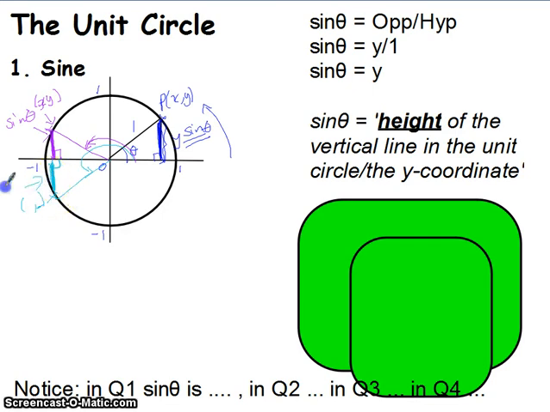So that is sine theta when we increase that angle. And if we came all the way around to somewhere in here, we'd end up with that being sine theta.